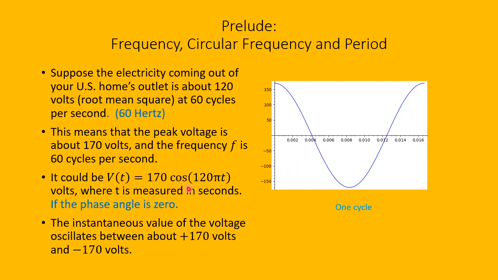Here we're assuming that the phase angle is 0, but it could be something else. This graph could be shifted somewhere else so that it doesn't start right here at time t equals 0. So the instantaneous voltage is going to oscillate between about plus 170 and minus 170 volts.